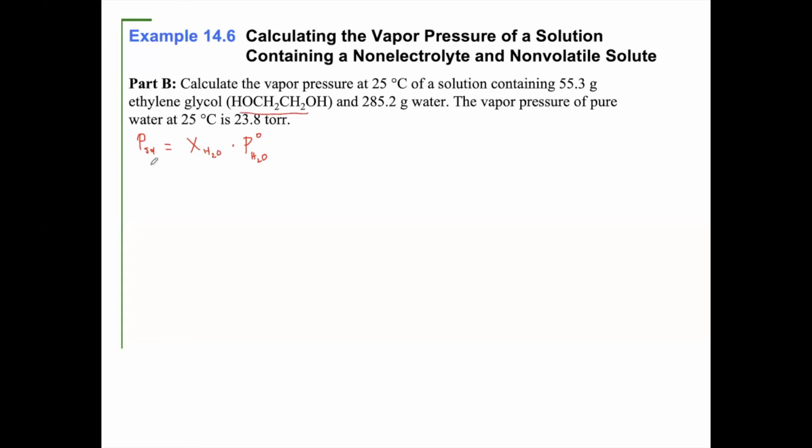Ethylene glycol, we've got 55.3 grams of ethylene glycol. Now, the formula has been presented to us like this, and we know we're going to need to find the moles of this at some point. So I think it's often a good idea, when you're determining the molar mass and the formula isn't written out in the conventional way, to make sure you count everything up accurately.